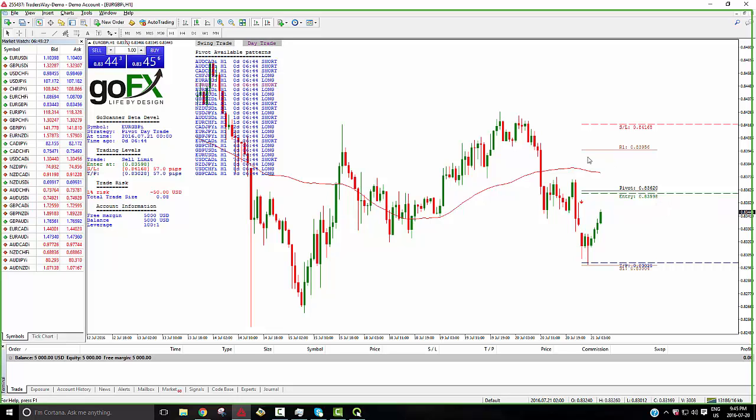It also looks to see if this 1 hour 50 EMA as well as the 4 hour 50 EMA lines up between the R1 and the S1. So what we look for here is usually a bounce. What I like to see is usually a fib retracement back up to here.